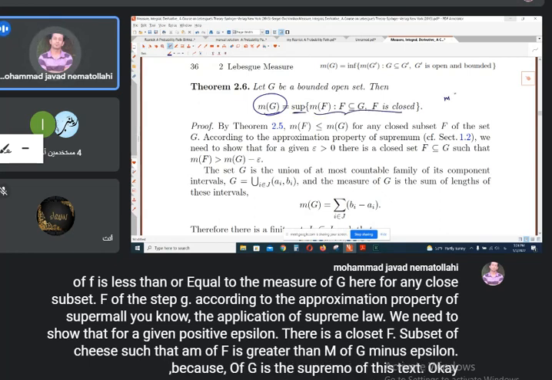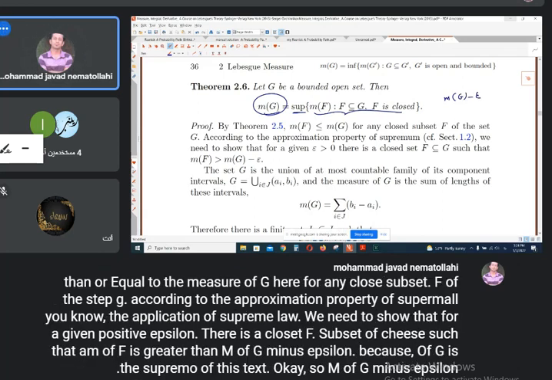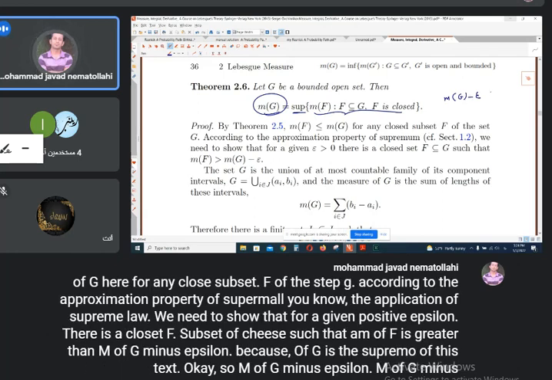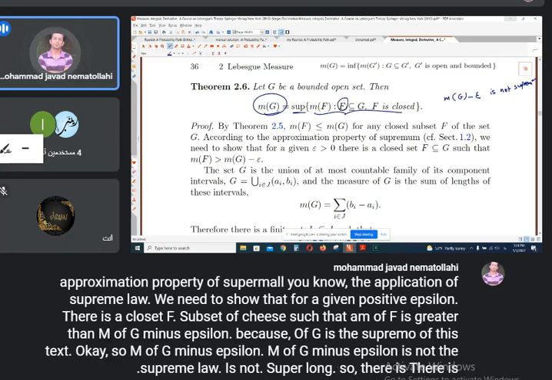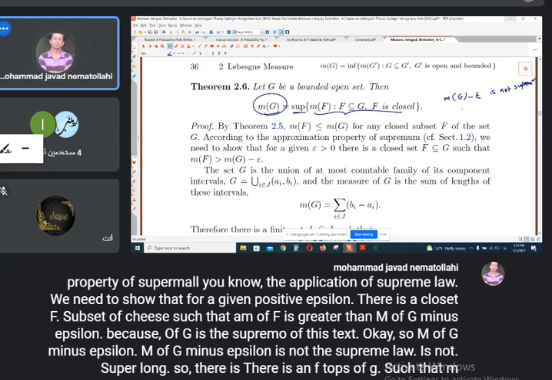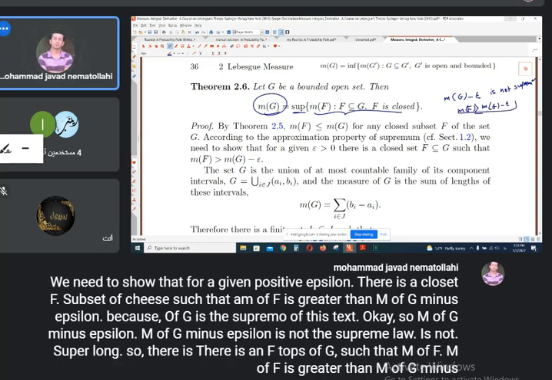So M of G minus epsilon is not the supremum. So there is an F subset of G such that M of F is greater than M of G minus epsilon. Okay?